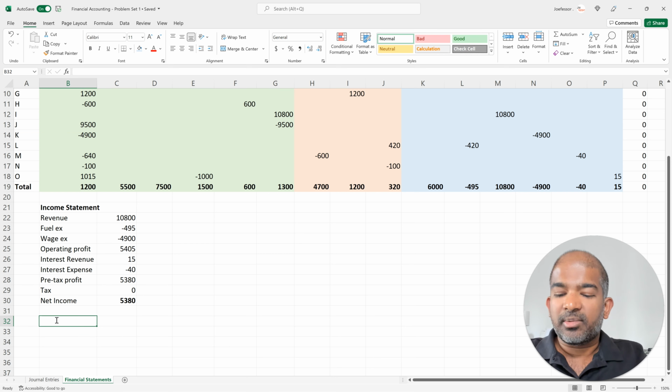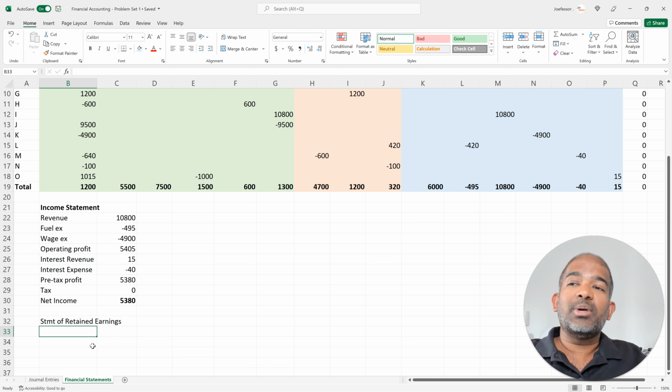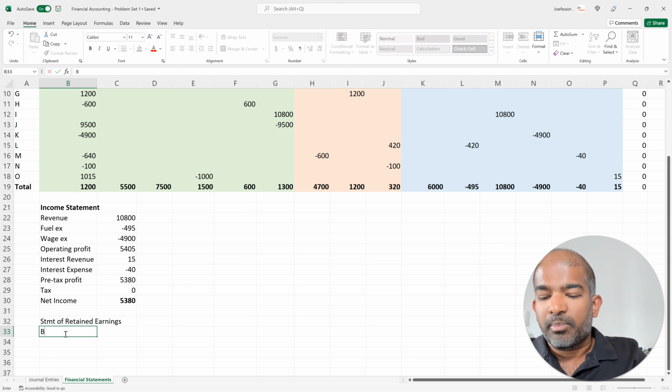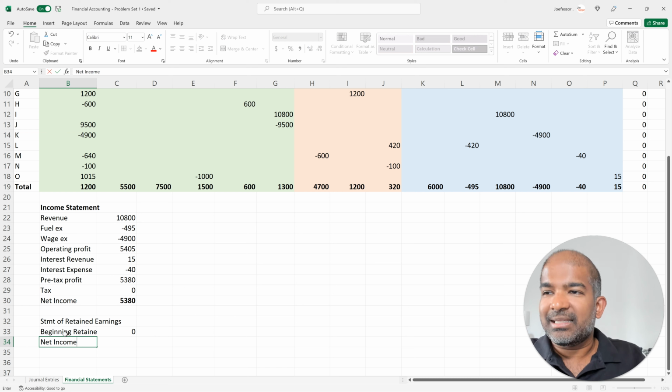The next statement we're going to create is the statement of retained earnings. If you had retained earnings from a previous period, you would start with that balance. So let's say beginning retained earnings. In our case, because it's a new firm which was started in April, that's going to be 0. To that we are going to add our net income.